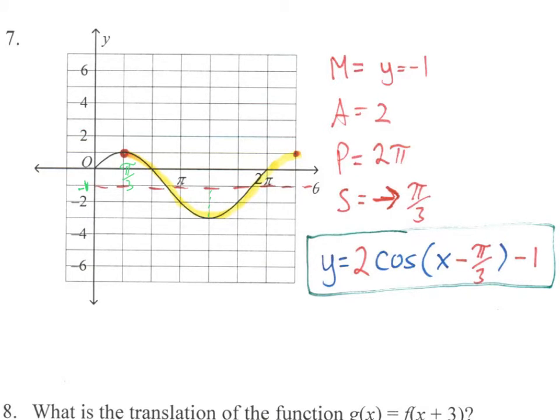So most likely this is going to focus mostly on the phase shift, and these numbers might not even be that important. Okay, remember, this is a sinusoid, so 2 pi divided by 2 pi equals 1. That is why there is a 1 right here. There's really no number in front. So always remember, if your period is 2 pi, there's no number in front because it's a 1.